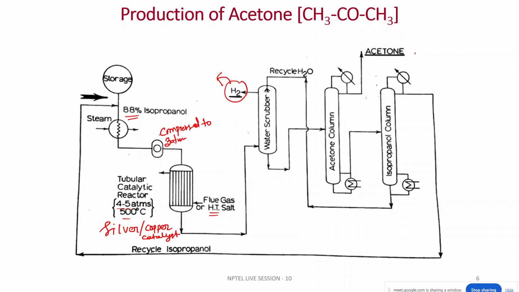As a top product, we will be collecting acetone, and the bottom product is again sent to the isopropanol column fractionator, where the unreacted isopropanol is regenerated and recycled back to the starting feed point. So this is a very simple flowchart that is self-explanatory, just referring to the production of acetone.